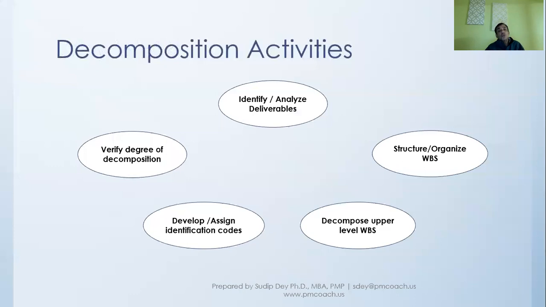If we decompose too much, it will not be productive. And if we don't decompose adequately, if we keep it at a higher level, then we will not be able to effectively plan our project. So the decomposition should be at the right level.